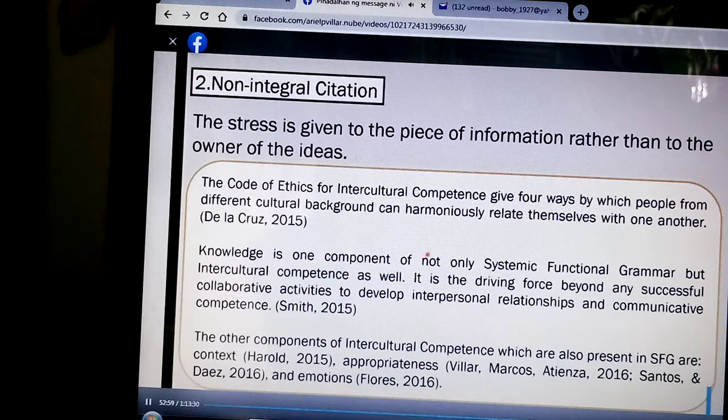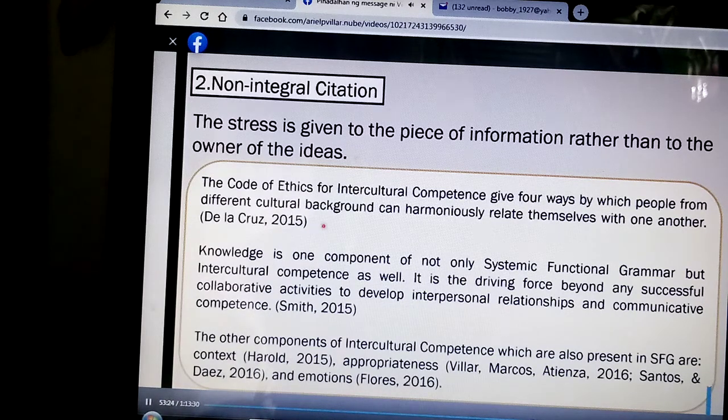By the way, ma'am and sir, if you observe with this one, Villar, Marcos, Atienza, 2016, Santos, and if you're using and already inside the parenthesis, nagiging symbol na siya. Okay? Pero pag and is outside the parenthesis, wala lang tayong example, you have to spell out this as A-N-D.